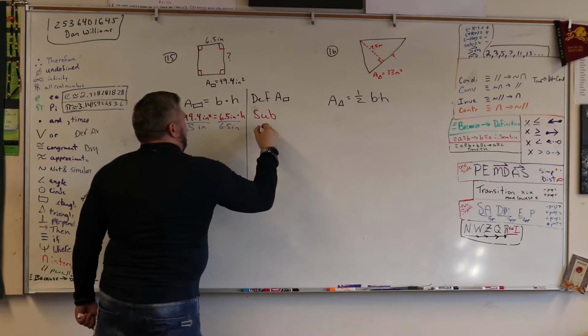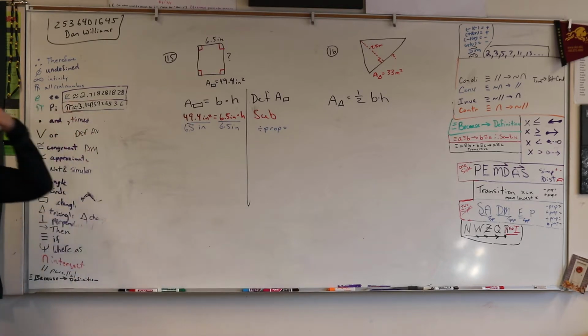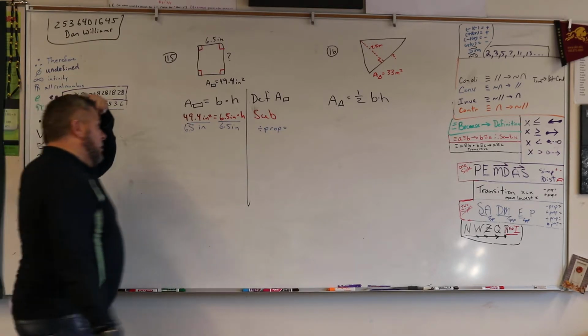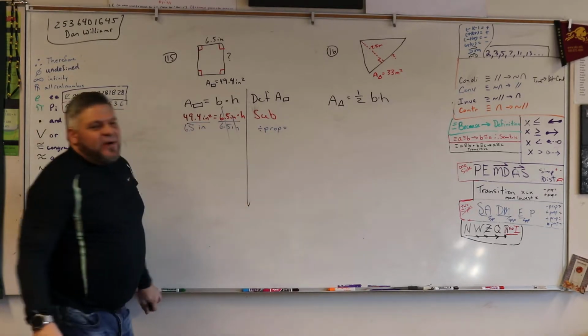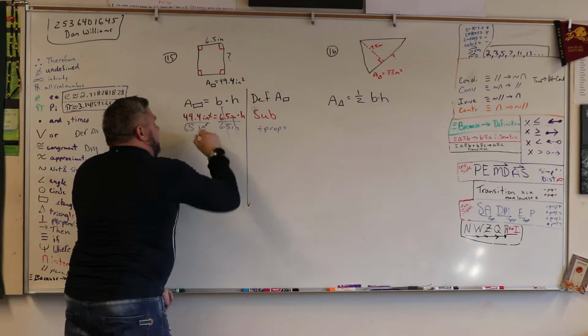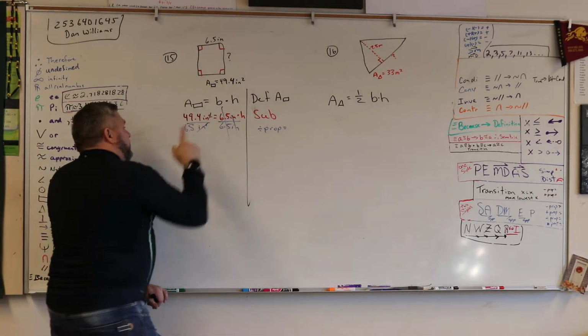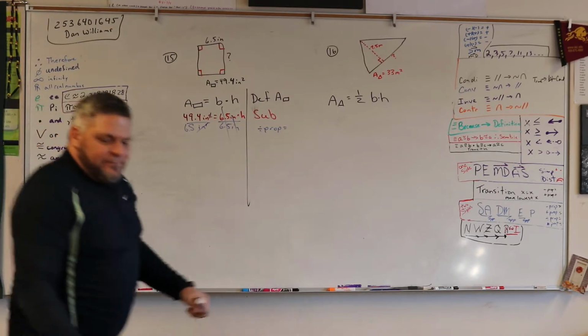Yes, catch: division property of equality. So, the inches cancel. These inches cancel with one of those inches, right? So you're left with 49.4 divided by 6.5.